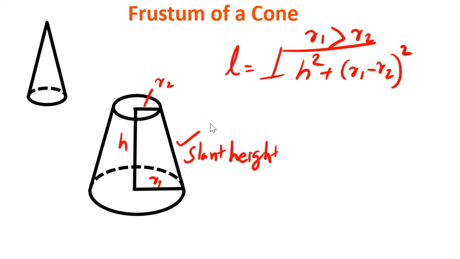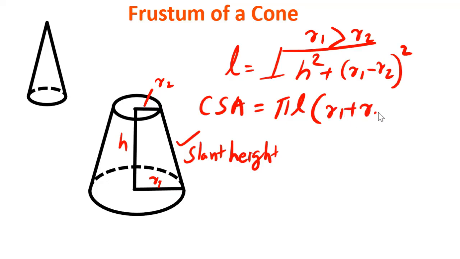If you are thinking about the curved surface area of a frustum, that is, not counting the top and bottom, we had pi R L in the case of a cone. Here the curved surface area is calculated by the formula with pi and L, but in place of R we have R1 plus R2.